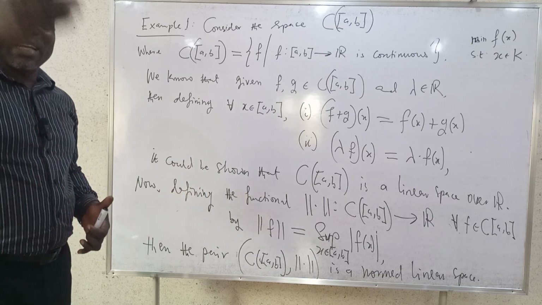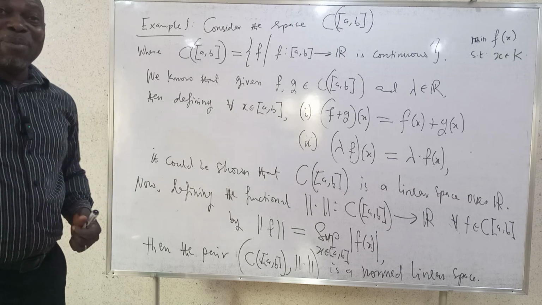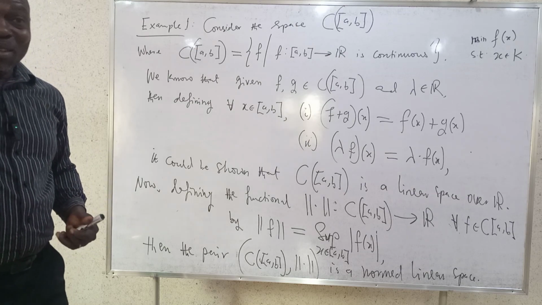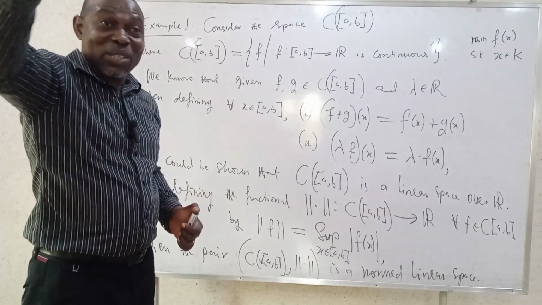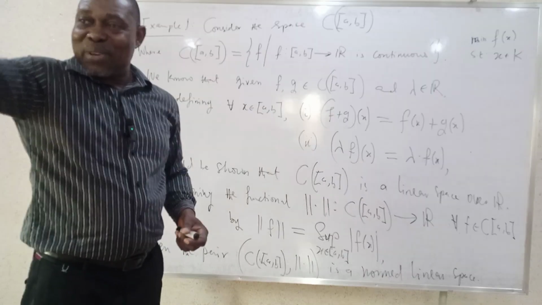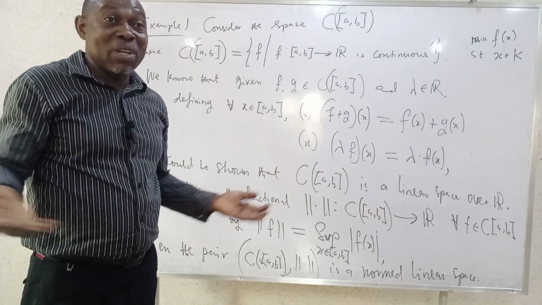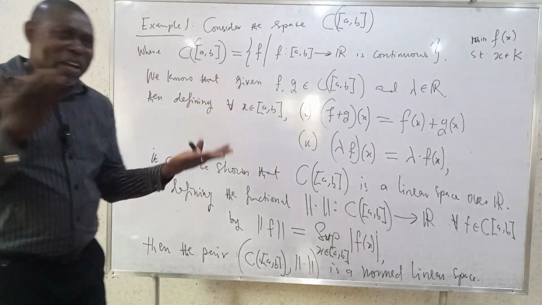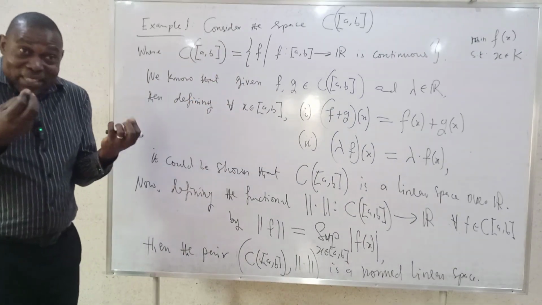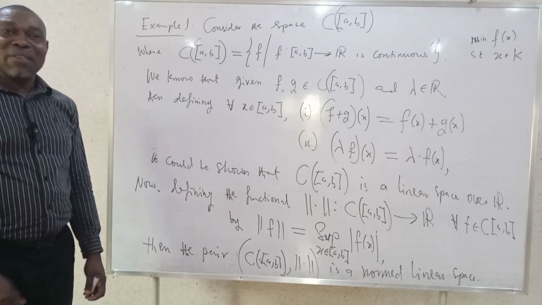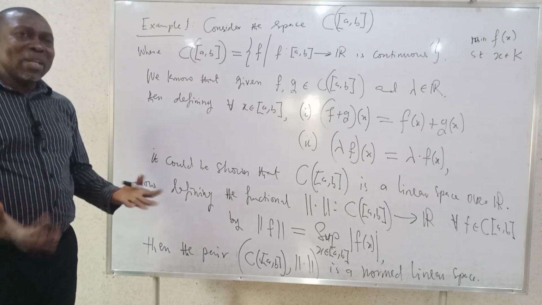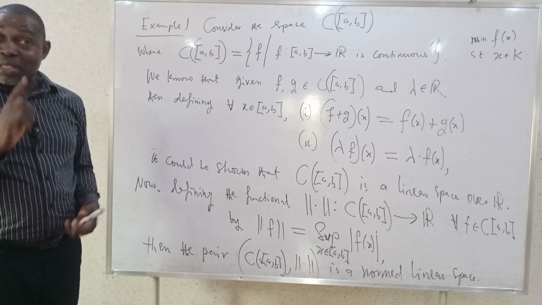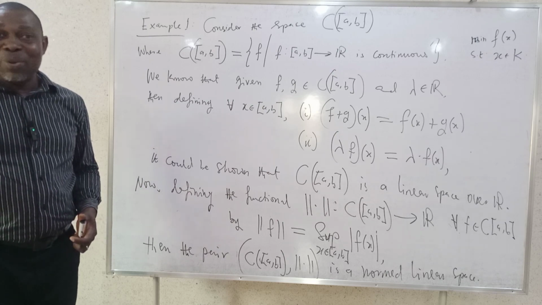So if it's not guaranteed that it exists, then what's the need? And that is why, for instance, if you see these people that are working in oil companies, before they talk about drilling, they will first of all do a kind of survey to establish existence. There should be traces of some rocks or something before they start whatever they want to do. That's why existence theory in whatever we are doing is very important.